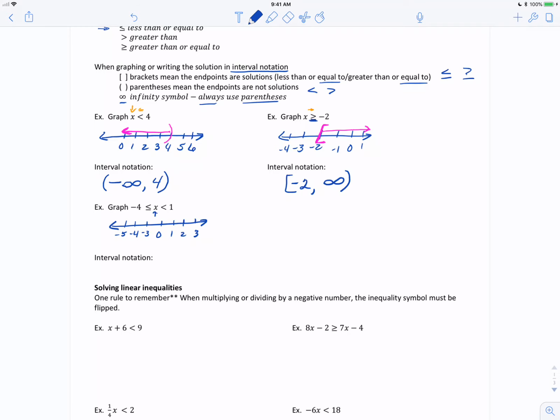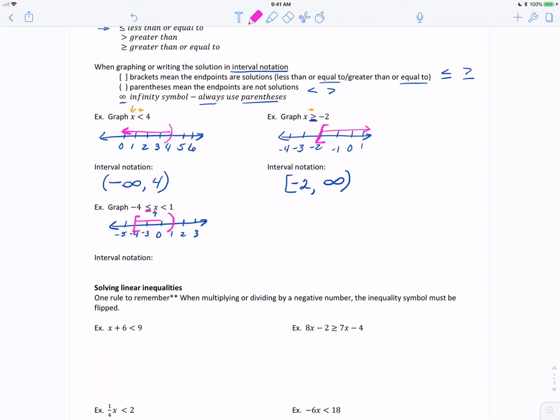3. All right, so we're first starting at -4. Well, -4 is included because it's got that equal sign underneath there. It's less than or equal to, or x is actually greater than. So we're going to make sure we put a bracket. Then x is less than 1, but it's not equal to 1, so we're going to put the parenthesis.